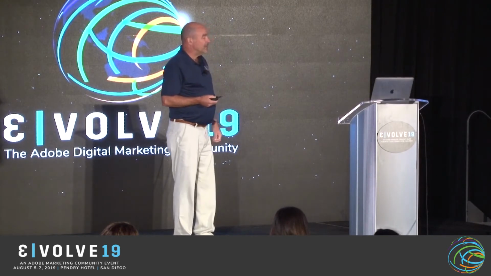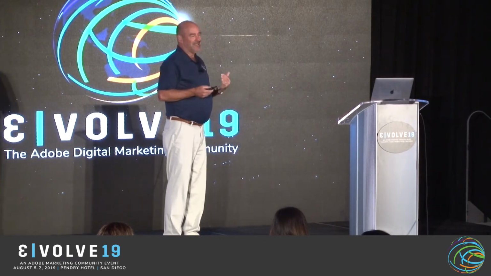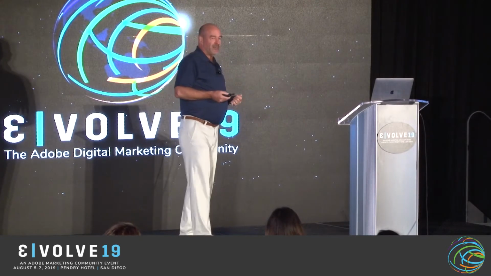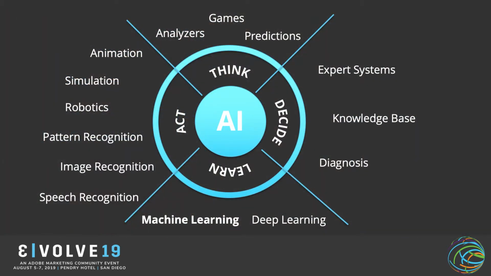So if you ask 100 AI researchers how you would quantify or qualify artificial intelligence, you will get 100 answers. This means no one really knows what the whole field consists of. So I'm still using my old structure of 4 segments: act, think, decide and predict, and learn.